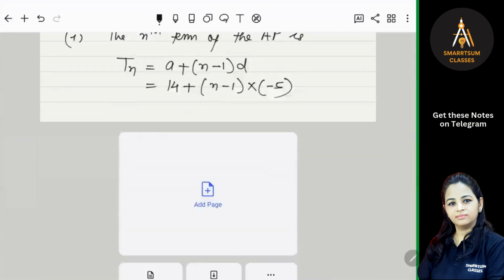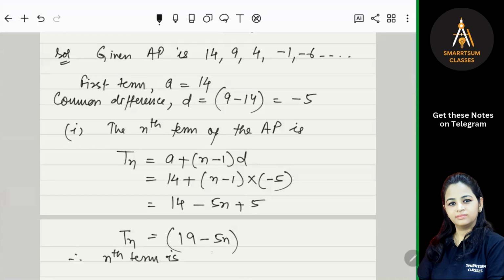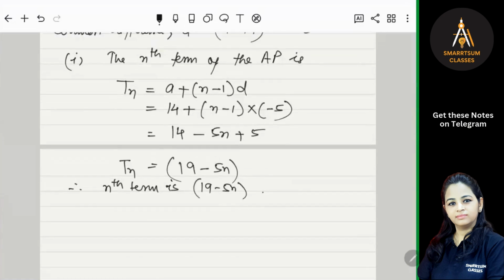Now solve further: 14 plus minus 5n plus 5, that is 19 minus 5n. So this is Tn. Therefore, the nth term is 19 minus 5n. This is the first part of the question. Everybody getting the same? Yes, ma'am. Okay.